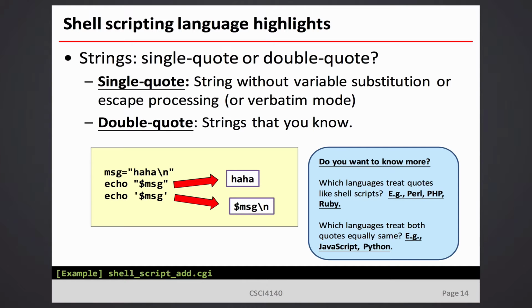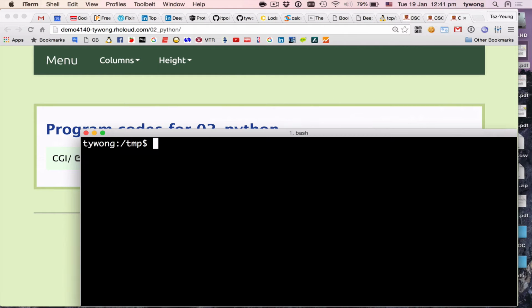Now we can do a test. What is $message? I didn't set it, so I set the message equal to haha. Then echo $message will be haha. The string concatenation and everything in shell script is very easy.